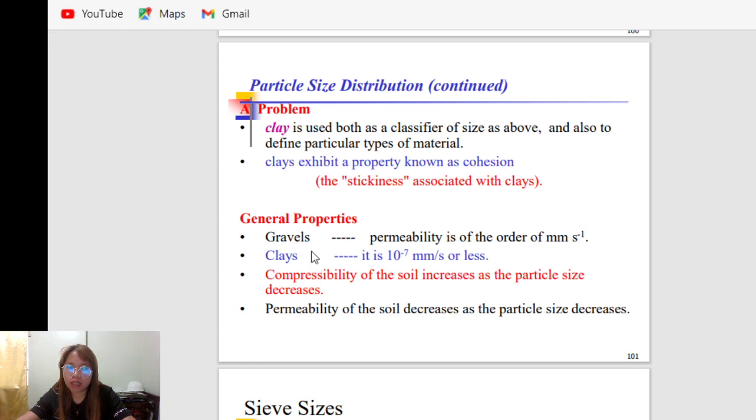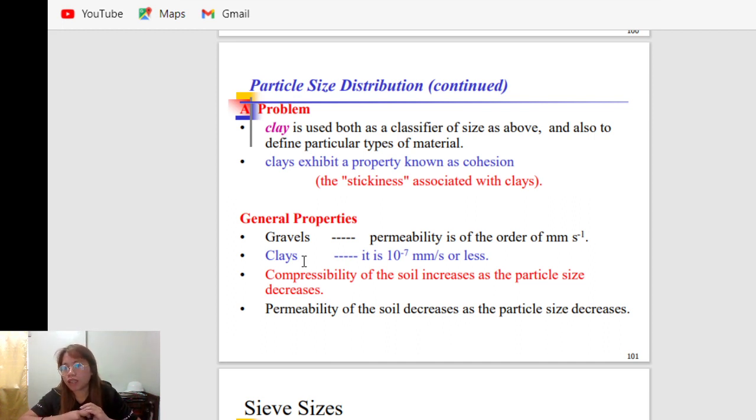Now the general properties. For gravels, the permeability is of the order of millimeters per second. The gravel exhibits higher permeability because of the shape of the gravel, which is large, so it creates large passages for water, unlike clay which is very fine.